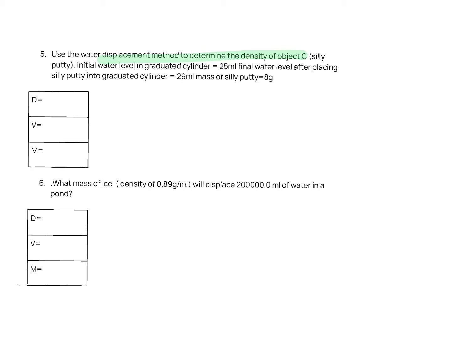Problem number 5 says to use the water displacement method to determine the density of the object. Our initial water level in the graduated cylinder is 25 milliliters, and after we put the silly putty into the graduated cylinder, we get 29 milliliters. So again, our volume is going to be the 29 at the end minus our starting 25, which means our volume is 4 milliliters.